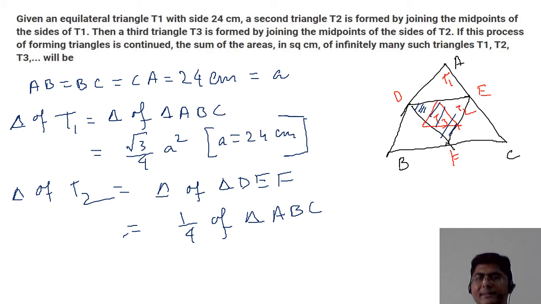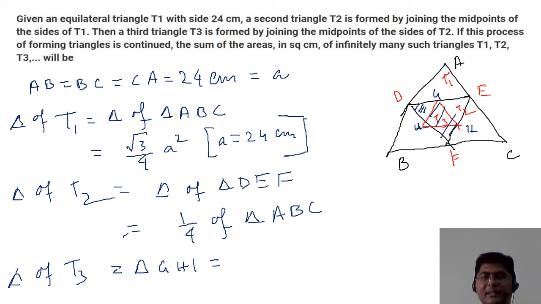Okay, what is the area of T3? It will be area of triangle GHI. Now GHI is 1/4 of triangle DEF. Now triangle DEF is 1/4 of triangle ABC.